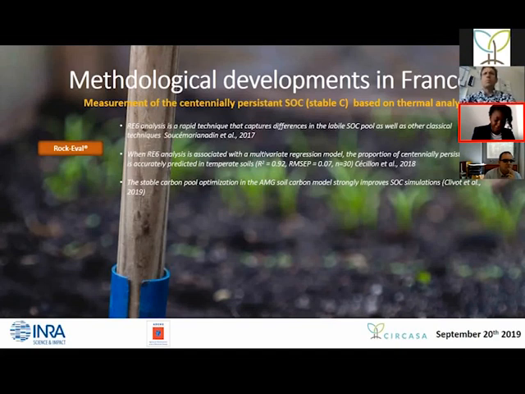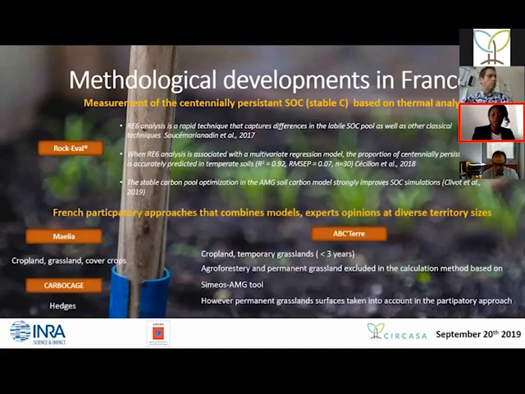For example, the ABC-TER method, which is a French participatory approach combining model and expert opinions at diverse territory sizes, has been improved thanks to the Rock-Eval analysis.